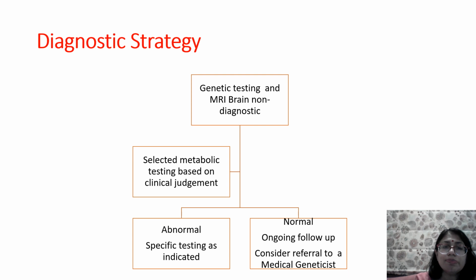So we do a specific metabolic test, that is the CSF to serum glucose ratio. If that comes out to be less than 0.5, we go ahead with genetic testing. So based on the specific metabolic testing, we may choose to confirm with a specific gene test.